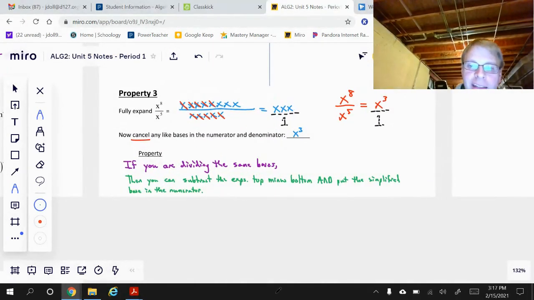So notice 8 minus 5, top minus bottom is 3, and we put the x to the third in the numerator of that fraction, which the denominator is just 1.